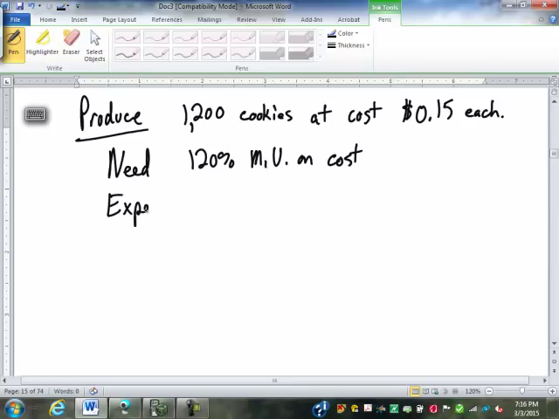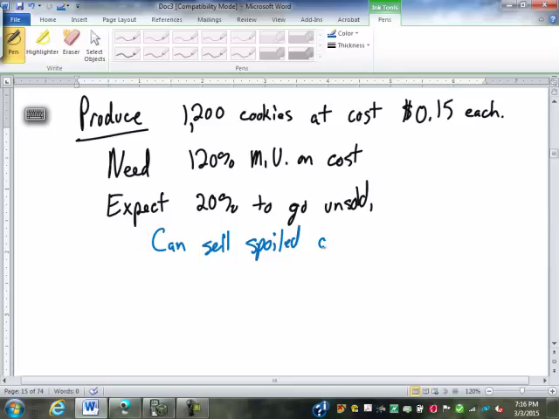We expect 20% to go unsold. But here's the kicker. We can sell spoiled cookies for 5 cents each.